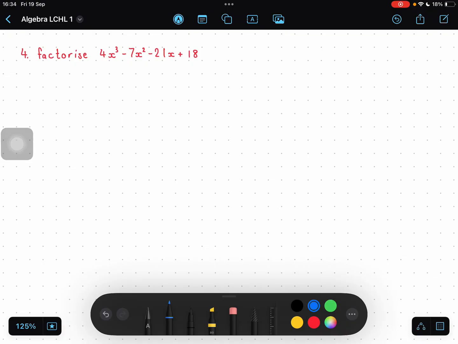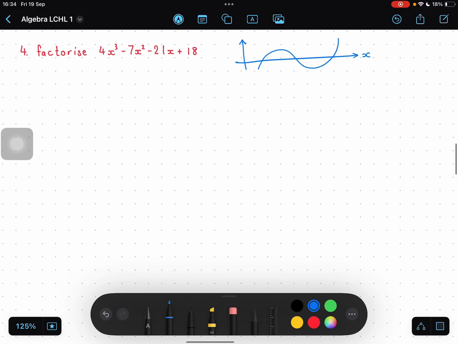Okay, so let's just quickly recap on what a root is. If I just have any quadratic, or sorry, a cubic, a root is anywhere that it crosses my x-axis. Okay, so this here is a root, this here is a root, and this here is a root. And they all have different x values.